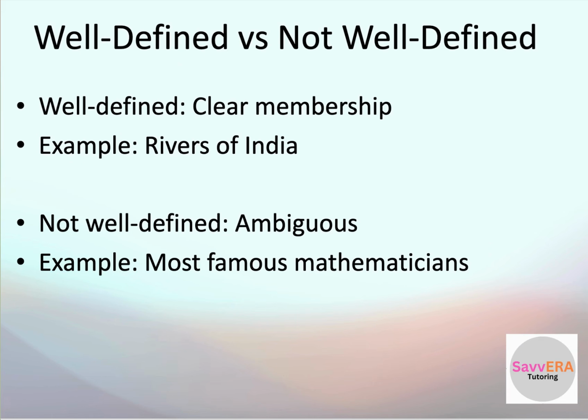So therefore, it's not well defined because it's not clear. In order to make this more well defined, we could say most famous mathematicians in the 1900s. So that's something we could search and find out. So it becomes more well defined because now we added a time slot to it.